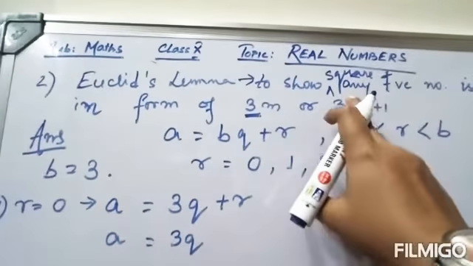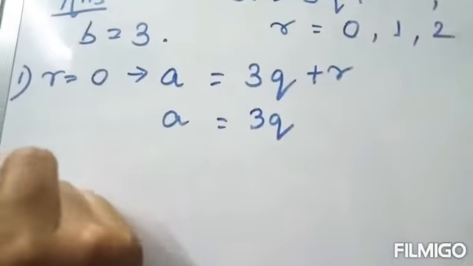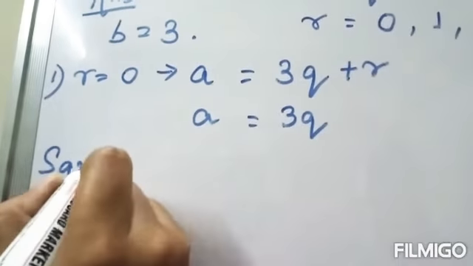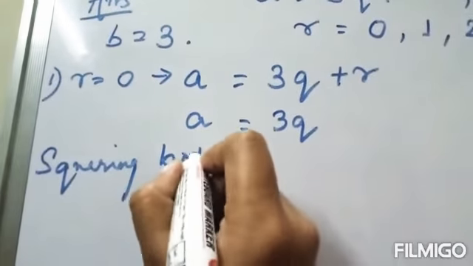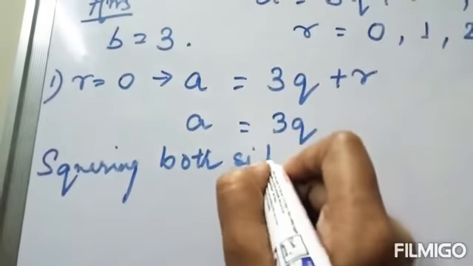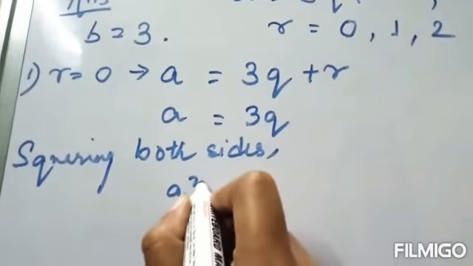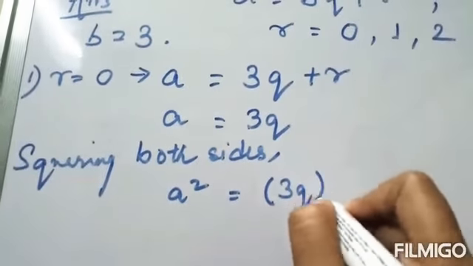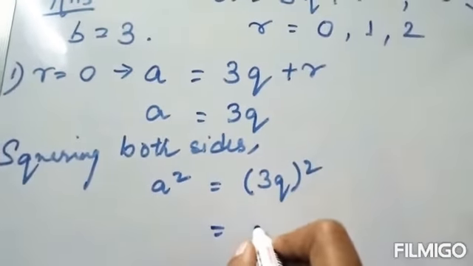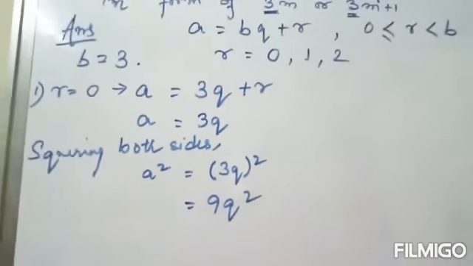Now our question was the square of any positive number, so squaring both sides, what we will get? A square is equal to 3Q whole square, which means 9Q square, right?